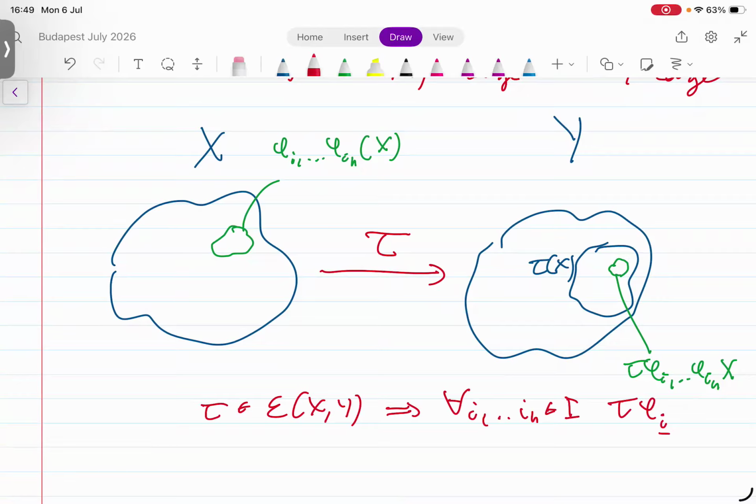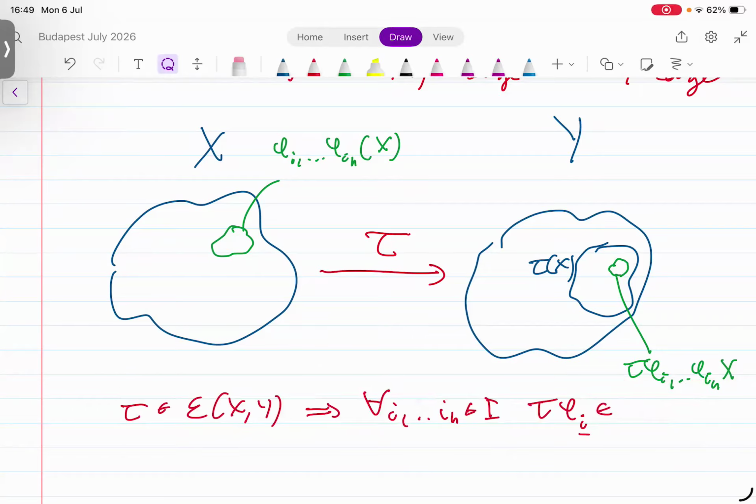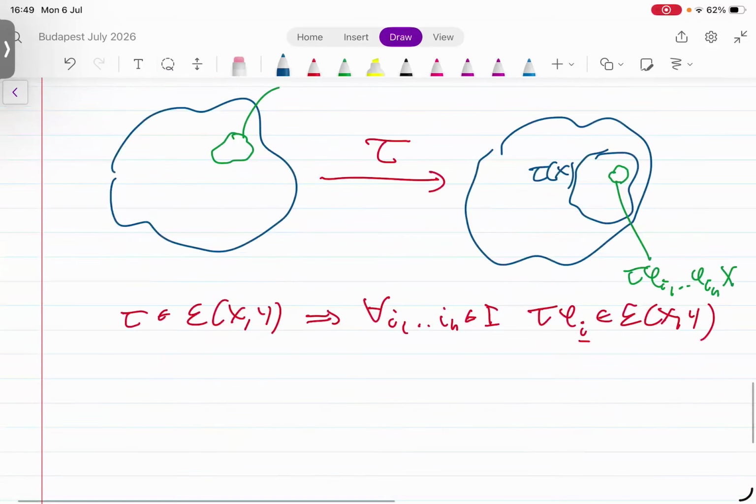Everybody knows this notation, right? I'm assuming this is a conference on a very specialized subject, so I don't have to define all the standard notation, but if I'm wrong, please say. I can't see who's in the room. I think we're all happy with that. So if tau is an embedding, then I can pre-compose it with any composition of the maps that generate X, and I stay inside the space of embeddings. So that's one operation.